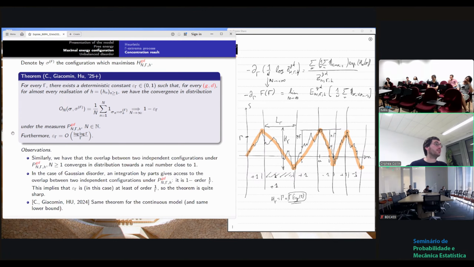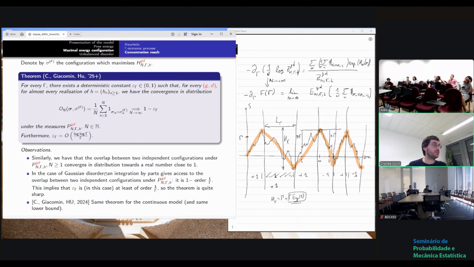Here are a few observations. If you prefer to state this in terms of overlap between two independent configurations, then you can easily obtain that the overlap will also converge in distribution towards a number which tends to 1 as gamma goes to infinity.